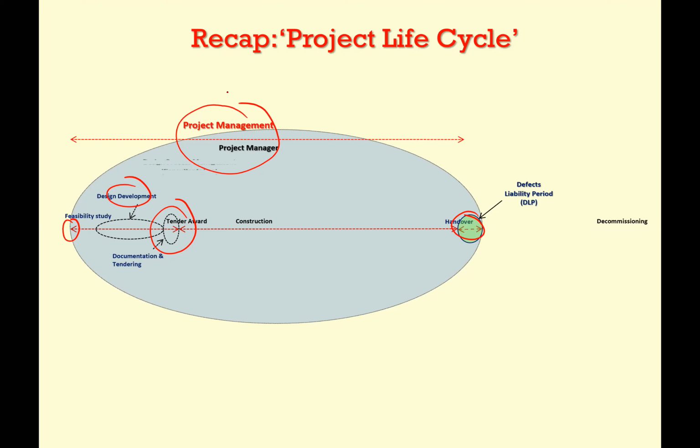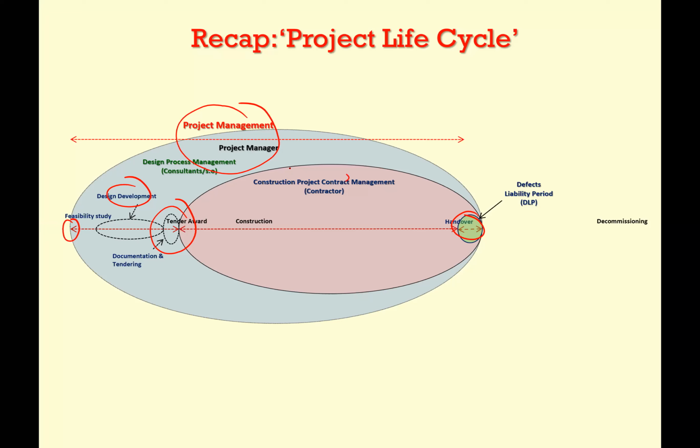Then we do have a contract. The contract already started when the winner was declared. Even though the contractor might not have signed the agreement, the contract has been formed. So that's why the contract management period is there. And then later on, only construction will begin, but not after a very short period.